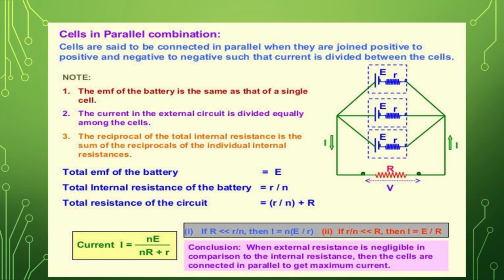And if internal resistance is less than external resistance, then I equal to E by capital R. Conclusion: when external resistance is negligible in comparison to the internal resistance, then the cells are connected in parallel to get maximum current.